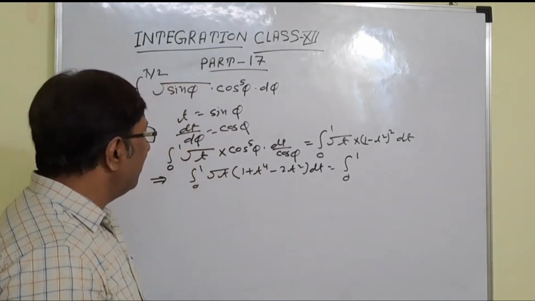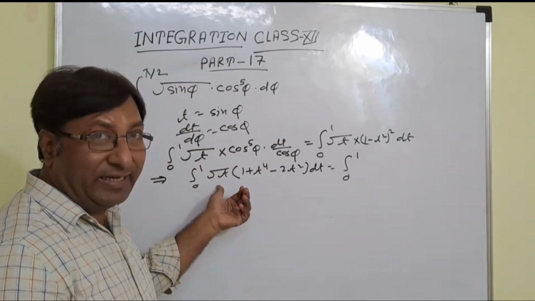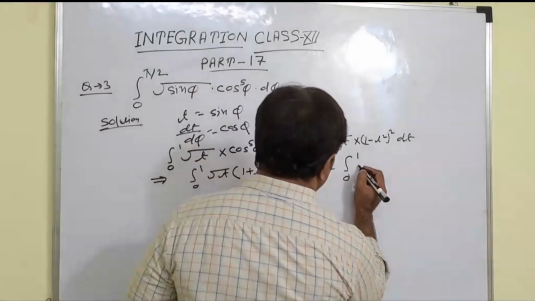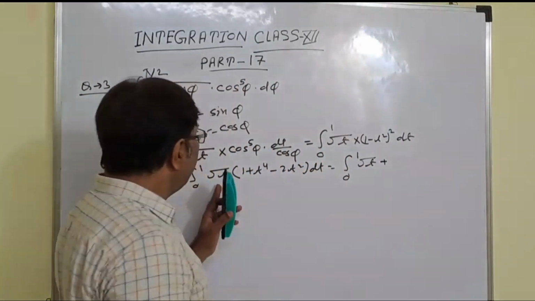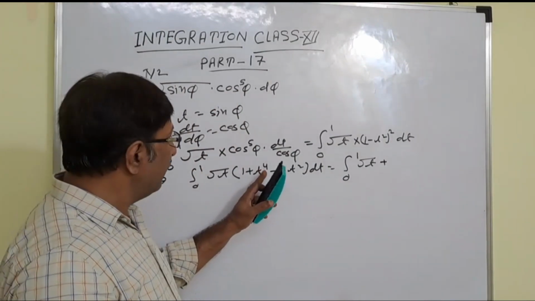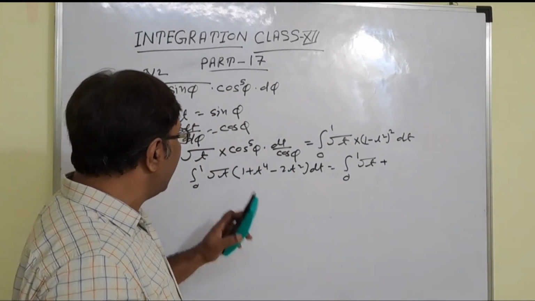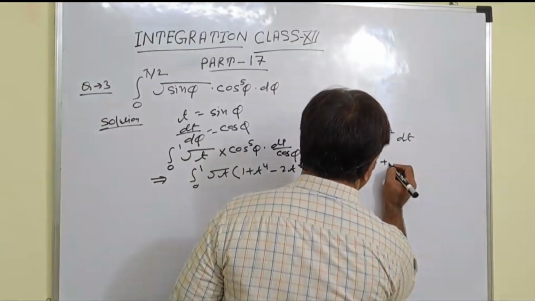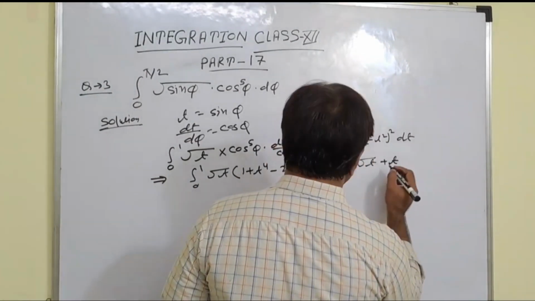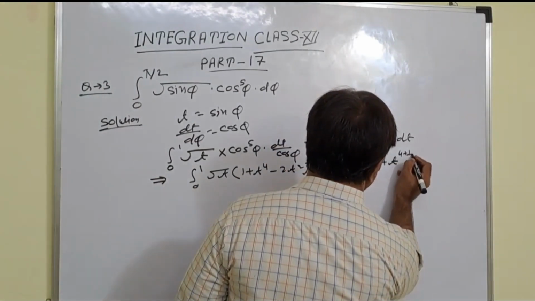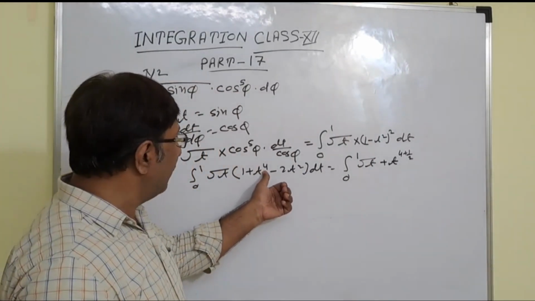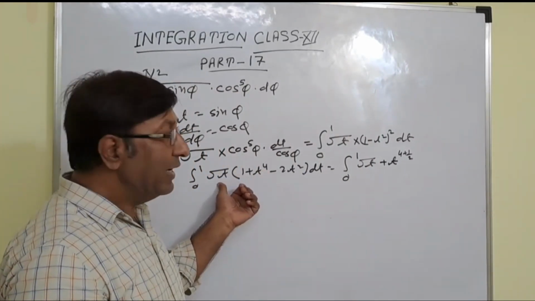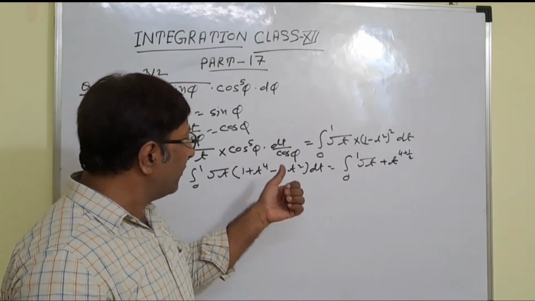So when we multiply root t into 1, we will get root under t. And this is root t into t to the power 4. In multiplication we add the powers. So we will get 4 plus half: root t means t power half, and here 4, so t to the power 4 plus half.